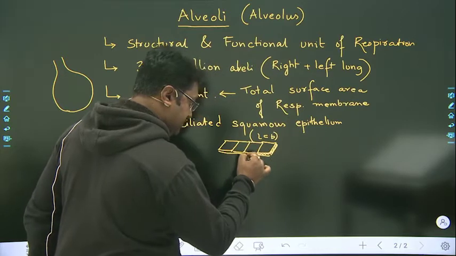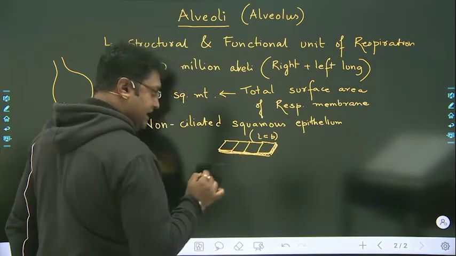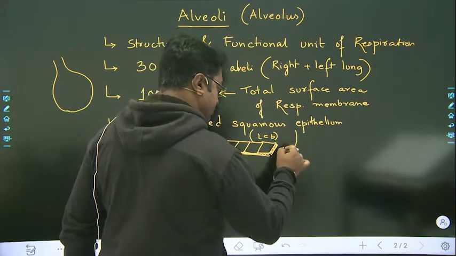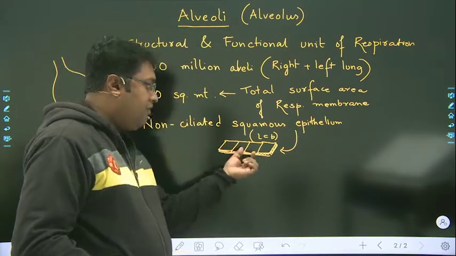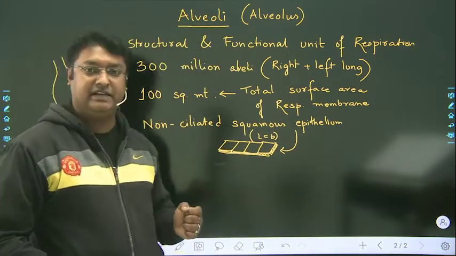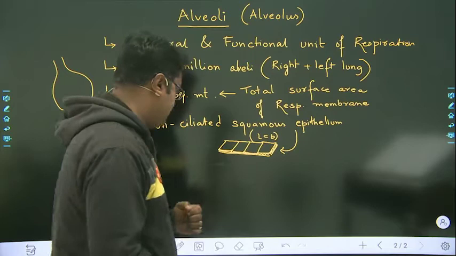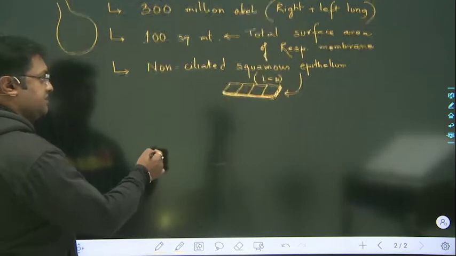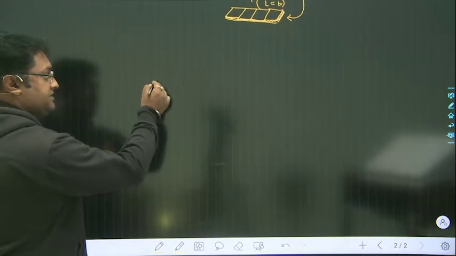Clear? So this type of epithelium is known as squamous epithelium, and it will be non-ciliated in nature.